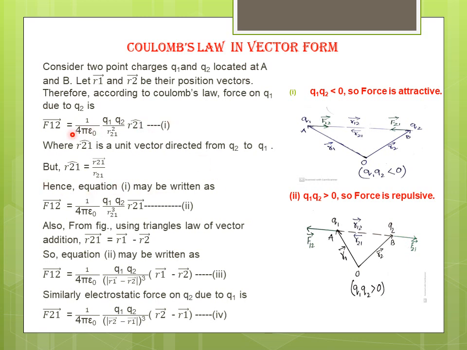Hence this equation we can write in vector form: F12 is equal to 1 by 4 pi epsilon naught Q1 Q2 by R21 cube into R21 vector.